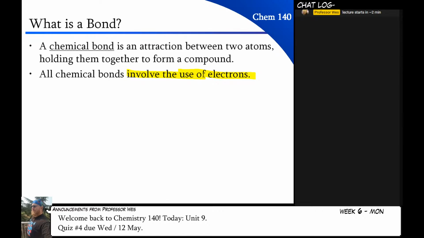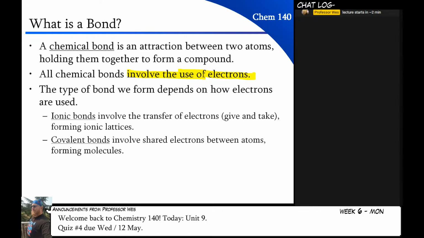Every bond is going to involve electrons either being moved from one atom to another or placed in a certain spot relative to the other atoms, or there are other mechanisms with other types of bonding that we're not going to cover in this class because we're only going to go over 2 types of bonding, ionic bonding and covalent bonding. There are other types of bonding. There's metallic bonding, which is totally different, and we won't go over that here. We're just going to stick to these 2 because these are the 2 types of compounds we're going to discuss.